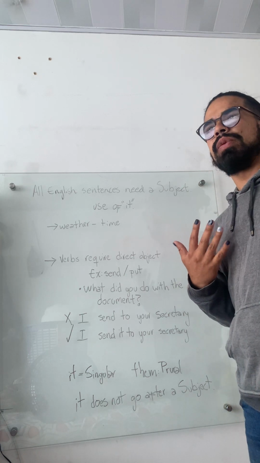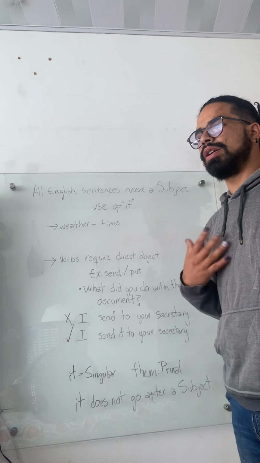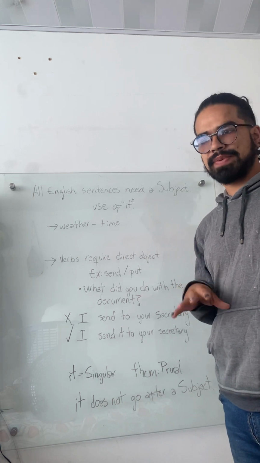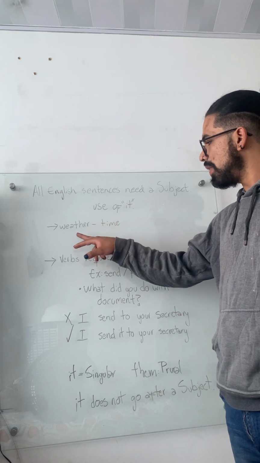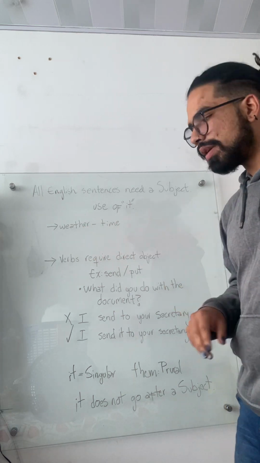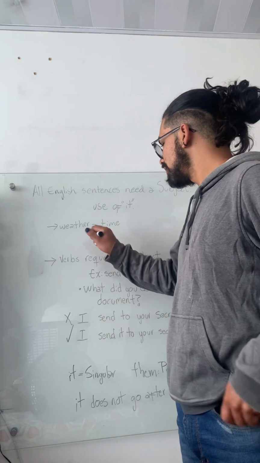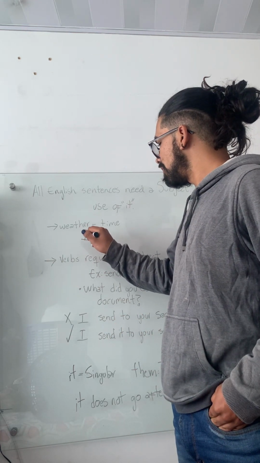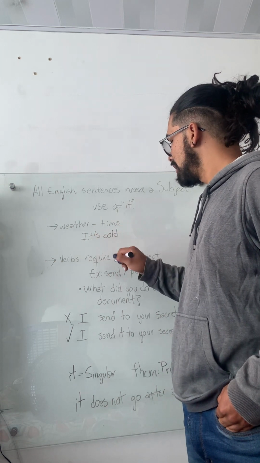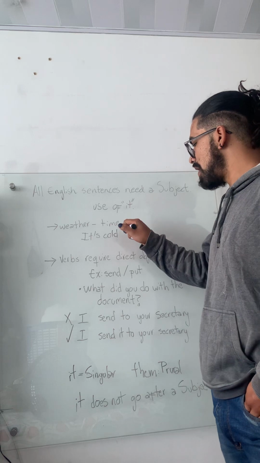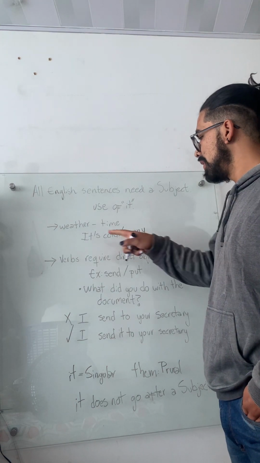Of course, we can use it for other sentences that are not really related to the replacement of the subject. We can use it for sentences about the weather and the time. For example, we can say, "It's really cold, right?" Or "It's really sunny," when we talk about the weather.